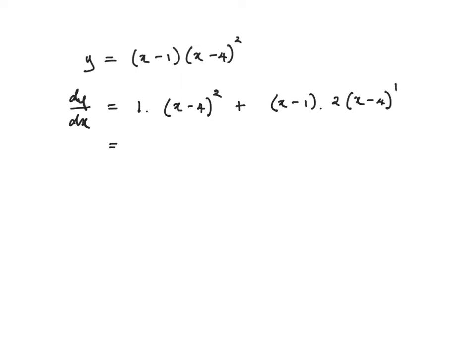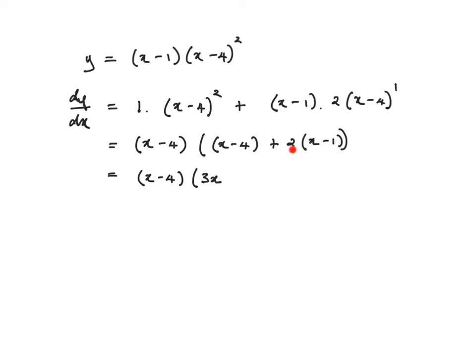What I'm going to do here is to take out x minus 4 as a common factor. That will simplify things, so x minus 4, and that will leave me with an x minus 4 from the first term and 2 lots of x minus 1. So that's 2x plus 1x is 3x.